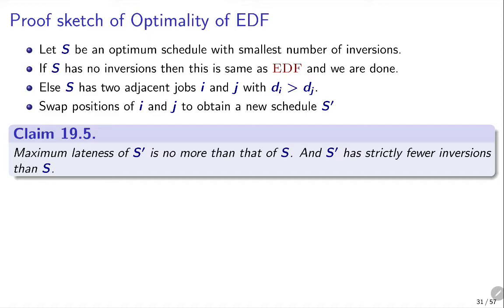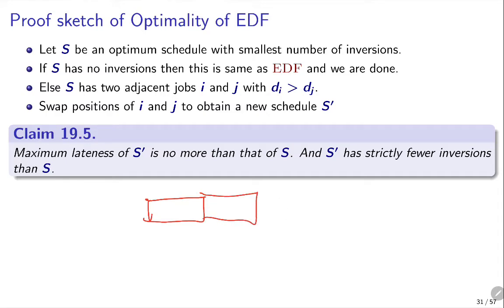So now let's prove the optimality, right? Let's look at an optimal schedule that minimizes the number of inversions. Again, inversions are not necessarily consecutive, right? Otherwise, there are two jobs that are inverted that are consecutive. So we have two jobs that are consecutive and are inverted, right?